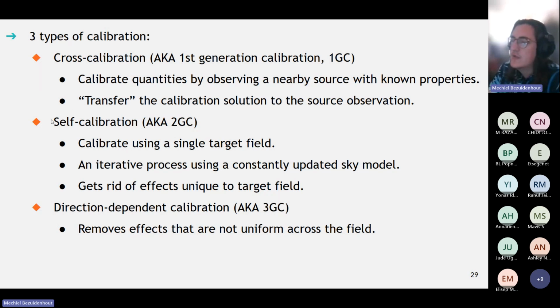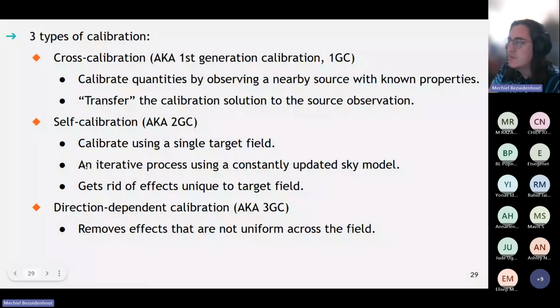Then secondly, there's also self-calibration, or 2GC, and that means calibrating the image using the single target field. So you don't do a second observation, you use a single target field to calibrate the image. And this typically takes place as an iterative process where you have a constantly updated sky model.